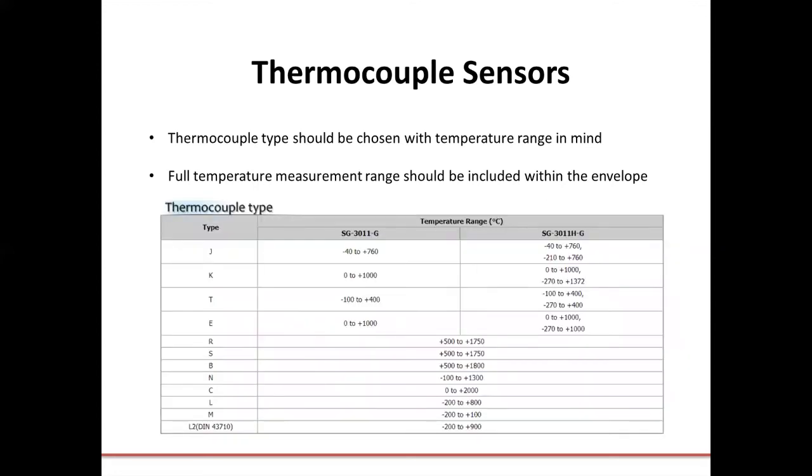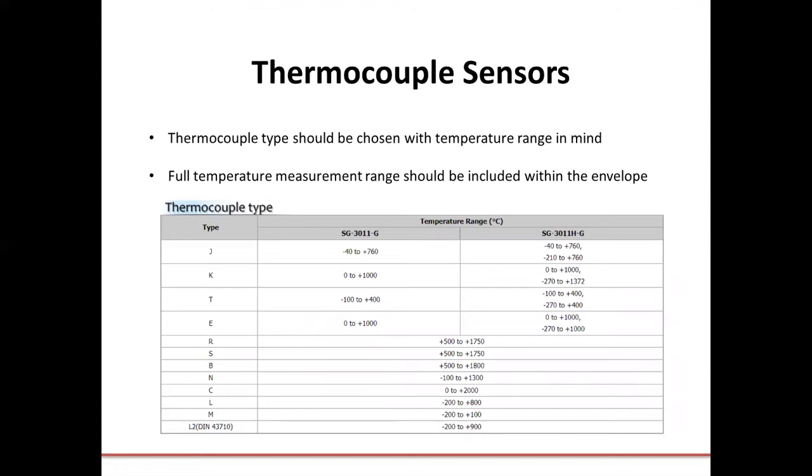Here's another example. It just shows our signal conditioners, which you can also use. J-type has a temperature range between -40 and 760 degrees Celsius. K-type has 0 to 1,000 degrees, and T-type -100 to 400 degrees.